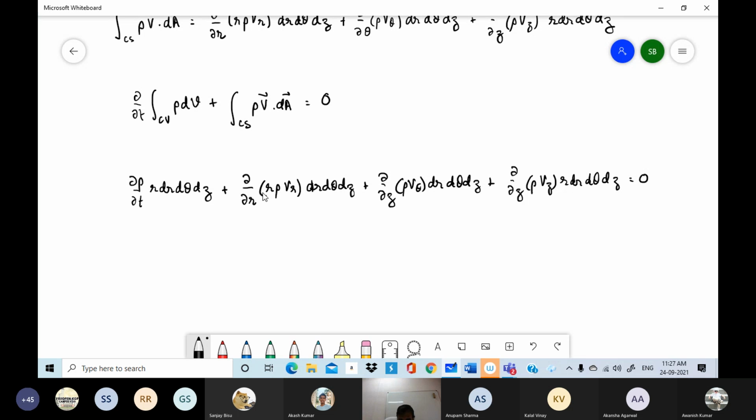These two terms which did not have the factor r, a factor of 1 by r will come in.